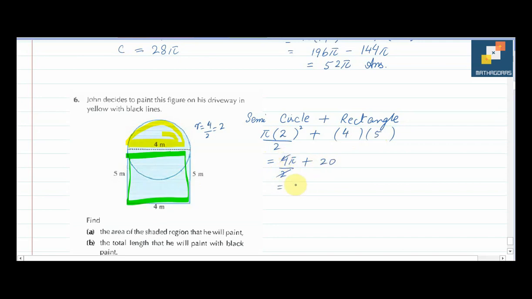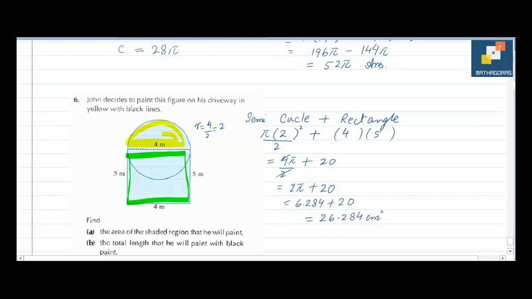So that will be 2 pi plus 20, right? Now 2 multiplied by pi, it's 6.284 plus 20, so that is equal to 26.284 centimeter square. That is the area of the figure.